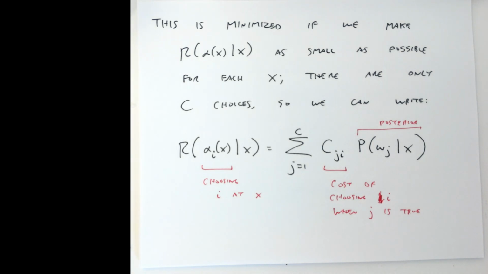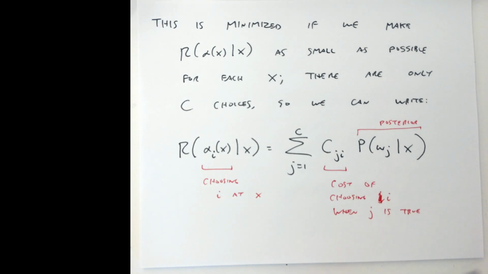In the multiple class case, I could have a 3x3 matrix or a 4x4 matrix depending on how many choices I had to make. So this is easiest to understand when I have 2 classes, so let's go back to the 2-class case for a second. Suppose I had these costs.